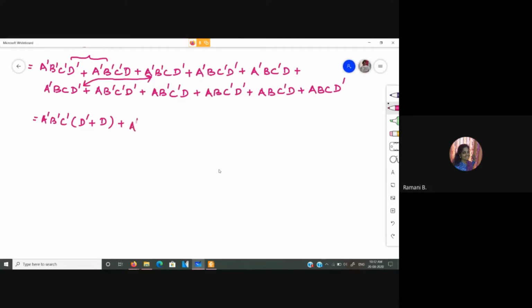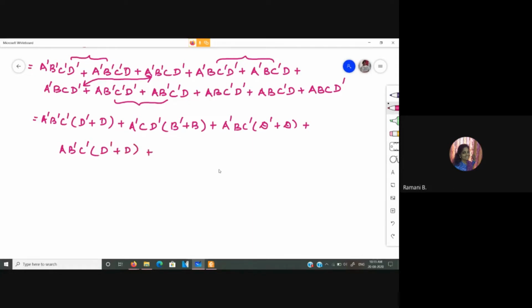So A bar C D bar dot B bar plus B. Then I group these two: A bar B C bar into D bar plus D. Then I have these two: A B bar C bar dot D bar plus D. Then I can have these two: A B C bar dot D bar plus D.